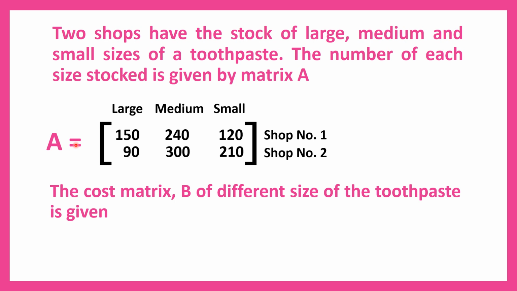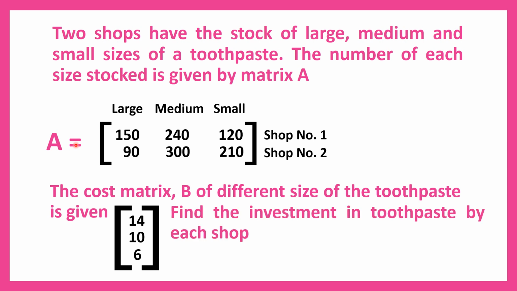And let us read the second part of the question. The cost matrix B of different sizes of the toothpaste is given. This is the cost matrix, a matrix of 14, 10, 6. And find the investment in toothpaste by each shop.